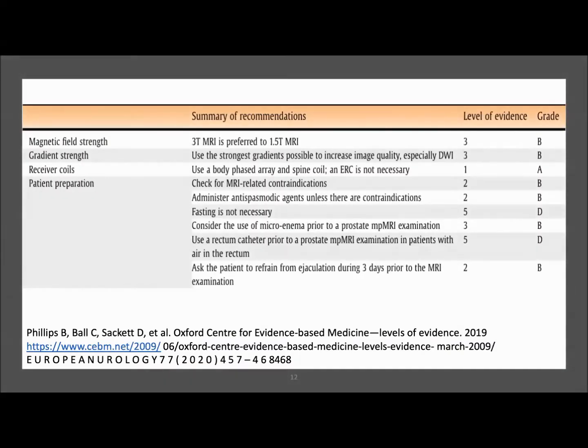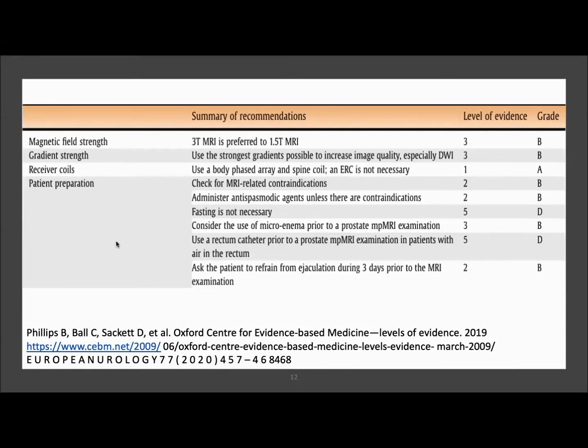Before getting an MR done, what is most important is to have a good magnetic field strength. In that case, a 3 Tesla MRI is preferred over 1.5 Tesla, and definitely nothing beneath that. The point is to have good spatial resolution and very good DWI sequence acquisitions and dynamic sequences, so that we can come to a conclusion whenever we are reporting any patient and we have to establish a PI-RADS category.